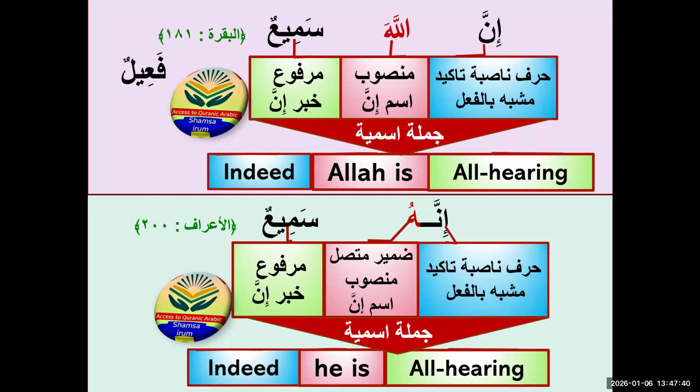So this is another way to put emphasis in the jumla ismiya. If you notice in this sentence, there are two types of emphasis: one because of inna, and the other because of the pattern of fa'il.